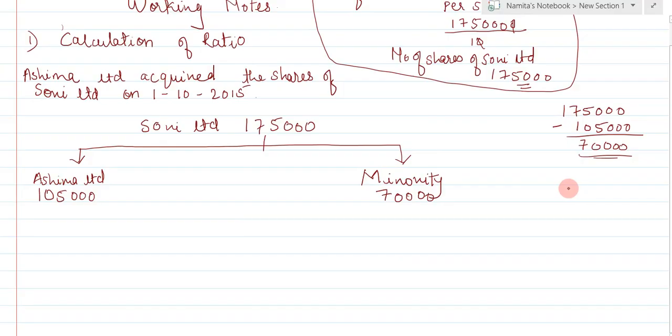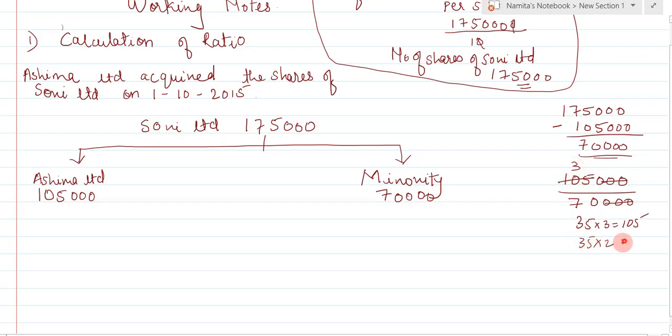The ratio of 1,05,000 upon 70,000. So this zero gets cancelled. 35 3s are 105 and 35 2s are 70.